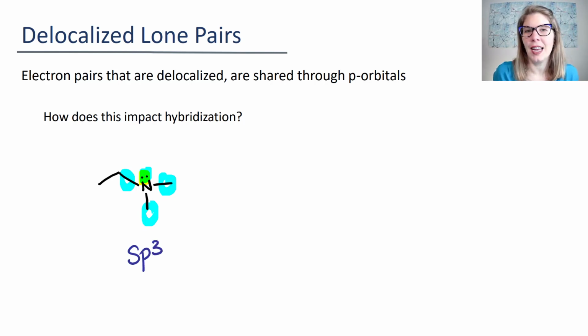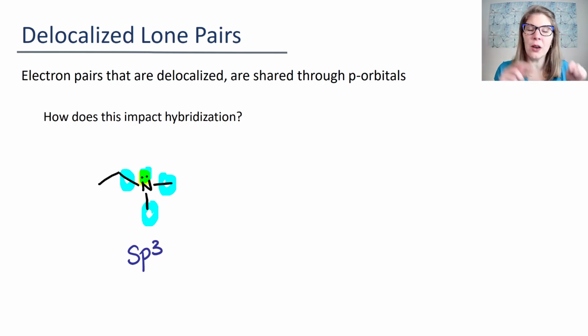One thing that I find is that students will know how to determine what the hybridization of an atom is, but they don't really know what it means, because that lone pair actually lives in an sp3 hybridized orbital. Right? It is on that nitrogen. It's not shared over here. It's not shared over here. It is living in an sp3 hybridized orbital on that nitrogen.